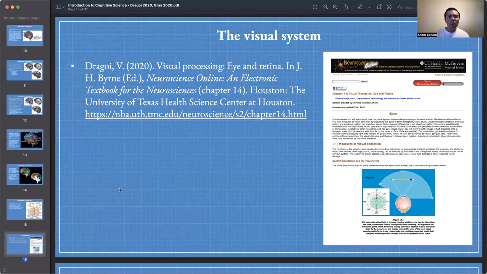And if this was a neuroscience course, of course, we would spend much more time in each area, right? We would spend many more lectures on vision and on audition in particular. But because this is an introduction to cognitive science course, we're just trying to grasp enough of the fundamentals that way we can understand higher cognitive functions, okay?